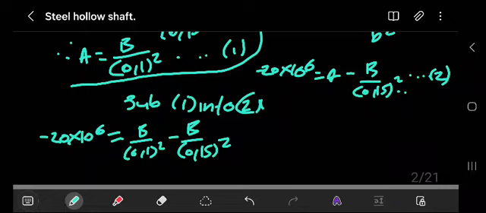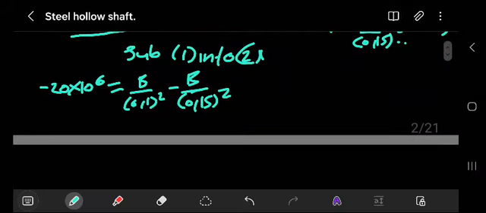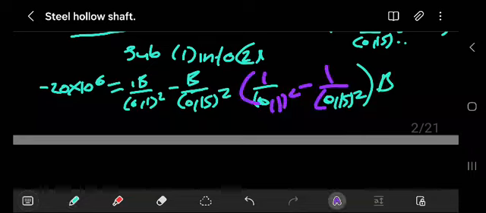It's a matter of maths, I've been discussing this. This is the same as B times 1 over 0.1 squared minus 1 over 0.15 squared. Remember, you can take out B as a common factor if you want. Punch this in, what is the value we'll get there?